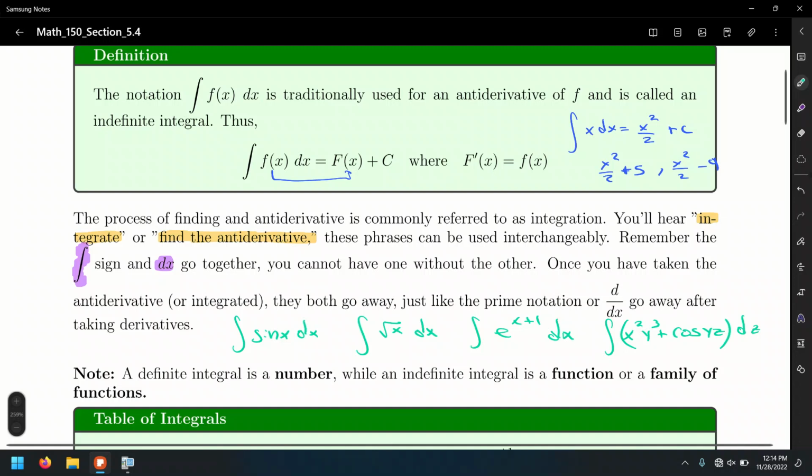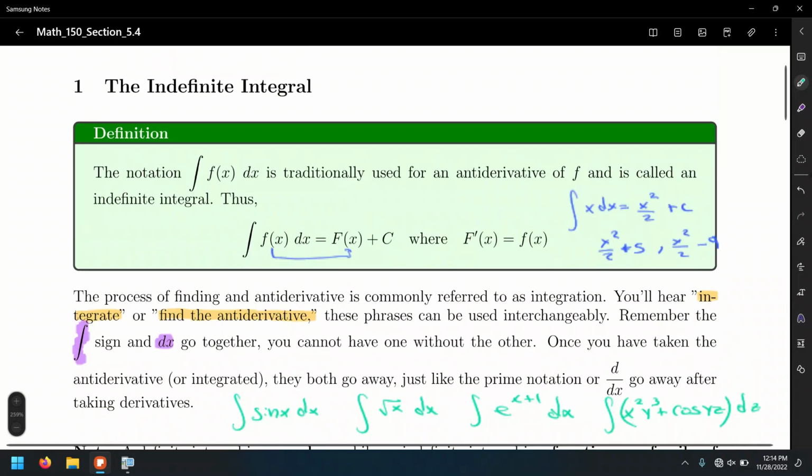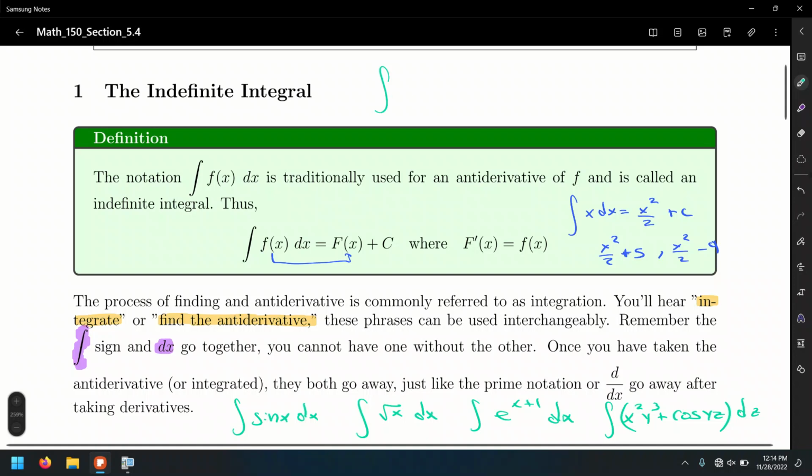And of course, later in calculus 3, multivariable calculus, you will have the same integral. Let me write down the integrand first: x squared y cubed plus cosine yz. In this case, it's going to be a triple integral, and you'll have to do the process 3 times.